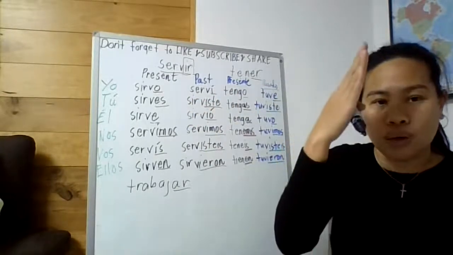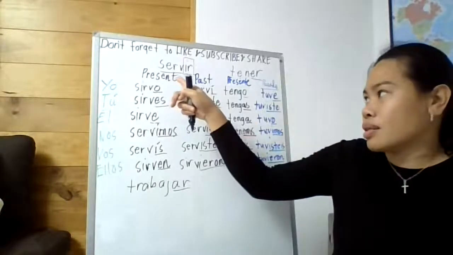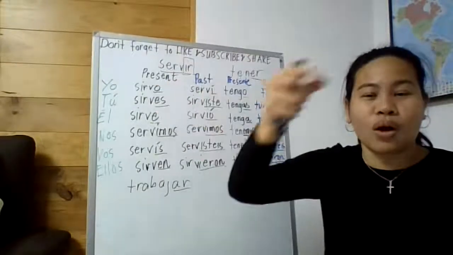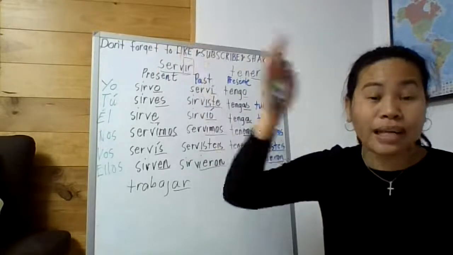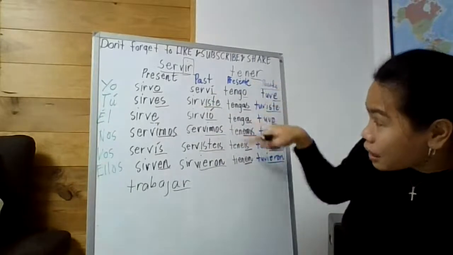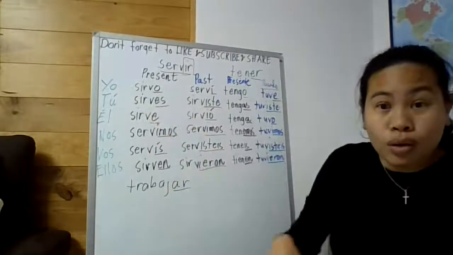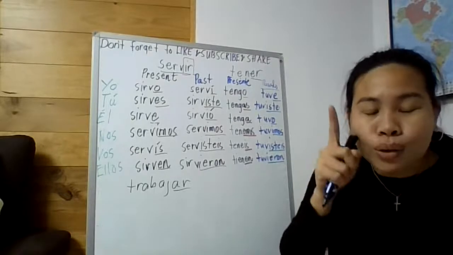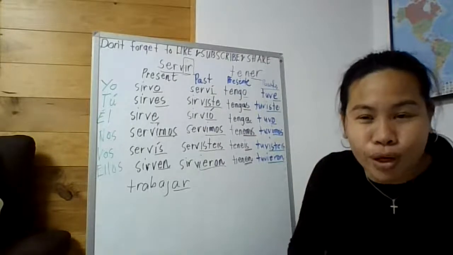For example, vivir or servir, and then tener, and then trabajar. So you have ER, IR, and AR. And then try to observe their differences with each pronoun. And that will help you a lot to understand how to conjugate the verbs.